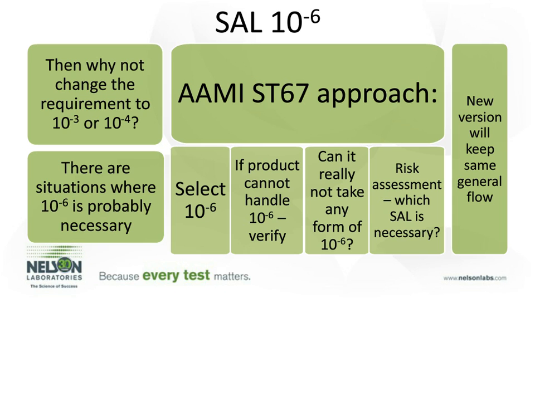Can it truly not take any form of 10 to the minus 6? And Wendy already mentioned ideas of alternate sterilization methods or alternate validation approaches. For example, rather than the typical overkill type method in an ethylene oxide cycle, we might consider a more optimized method like a BI bioburden or a bioburden-based method, which can really shorten those cycles.